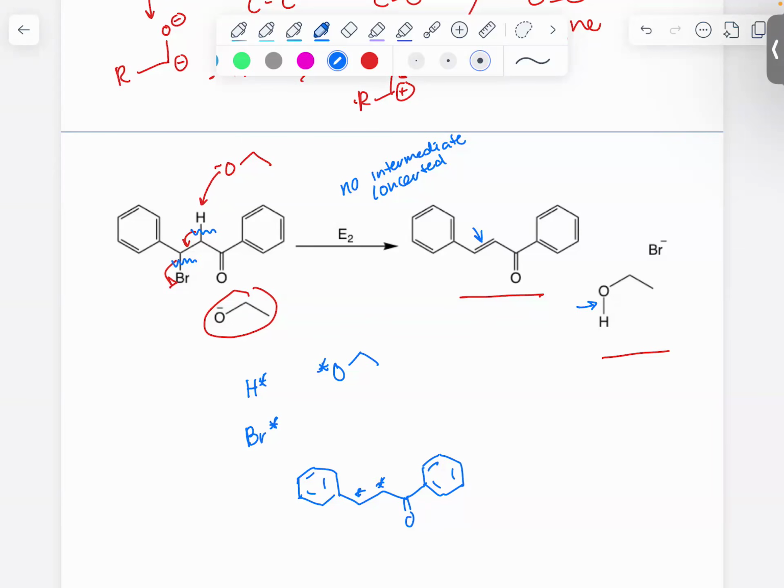Other questions, comments, concerns? What are the other kinds of elimination? We have E2, E1. What's the other one? Those are nucleophilic substitution.